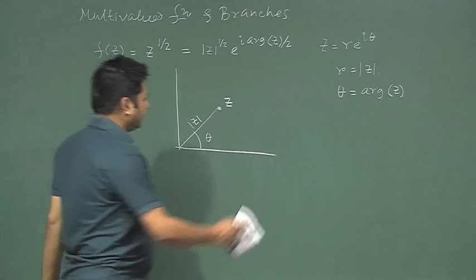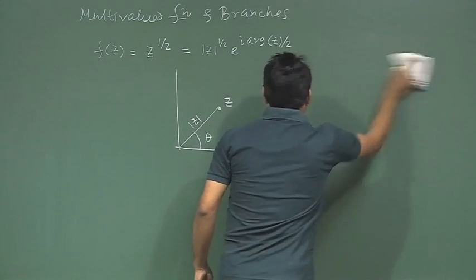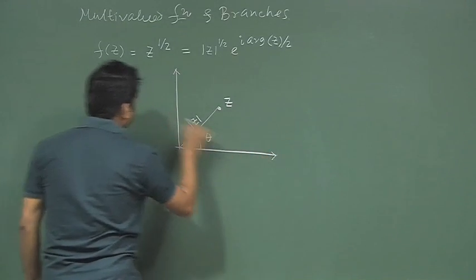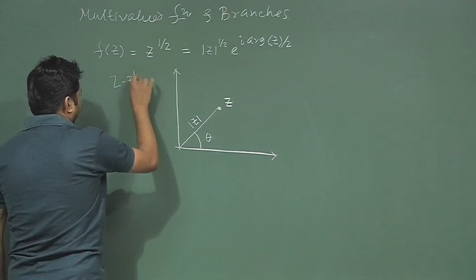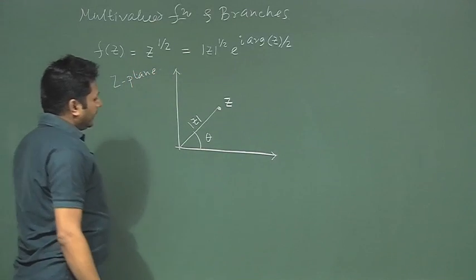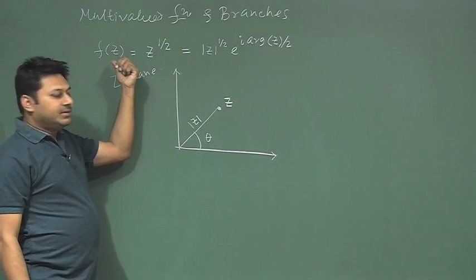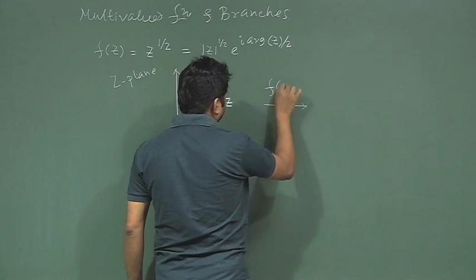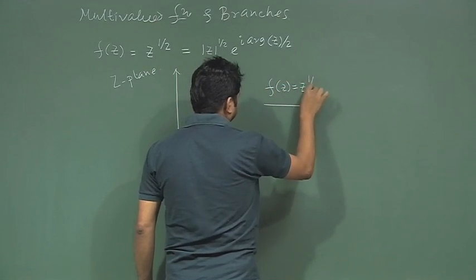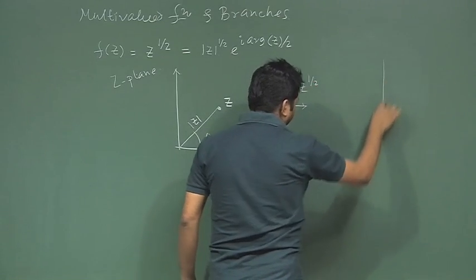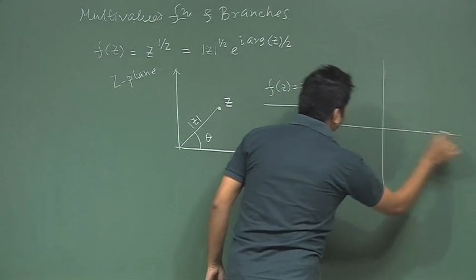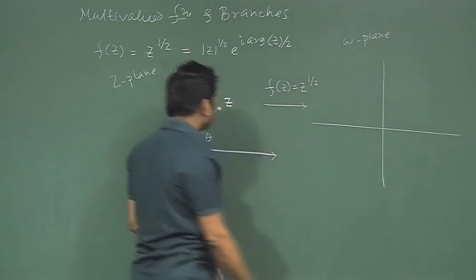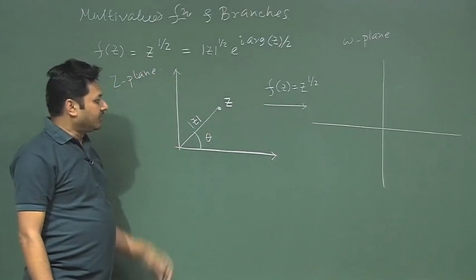If I have a point here in the z plane, it is related to a function f of z which is z to the power half, and we can plot these in my w plane, where this function can be represented as u plus i v.